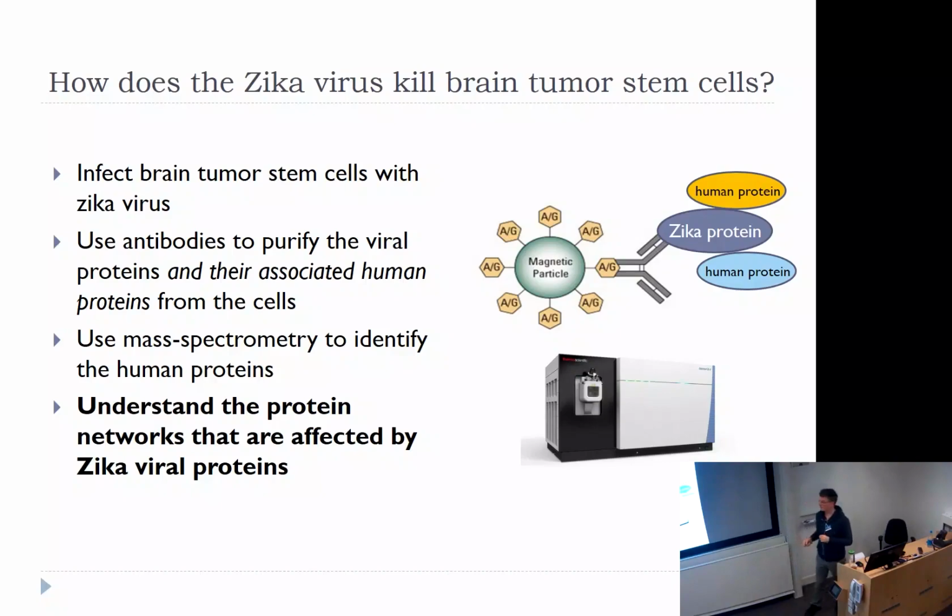And what that tells us is that it effectively tells us about the protein networks. It tells us about the Zika protein, what it's doing in the cell, and also which human host proteins it's interacting with. So we can do lots of experiments like this, and this is allowing us to understand the protein networks that are affected by the Zika viral proteins.